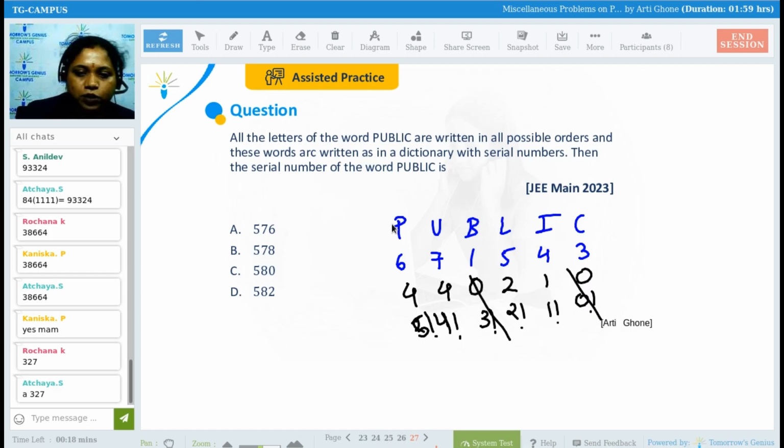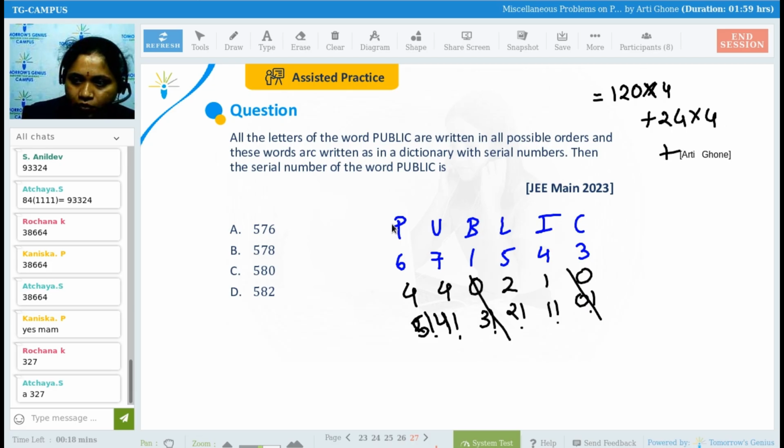I'm directly cutting values with the 0 so that it will be easier for you. So it will be 120 into 4 plus 24 into 4 plus 2 plus 1 plus 1.